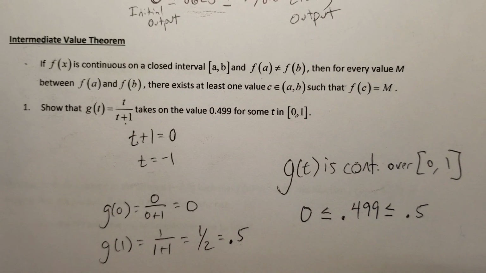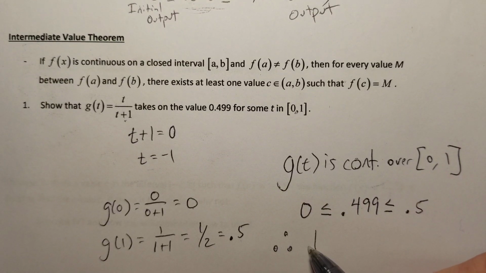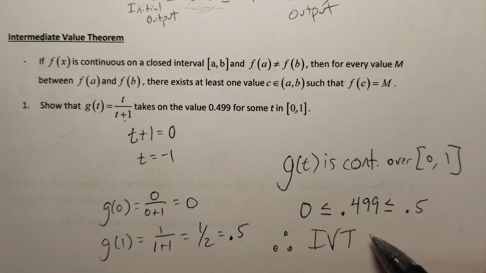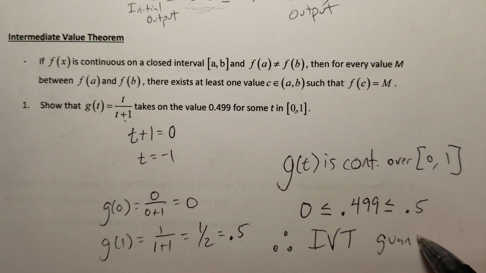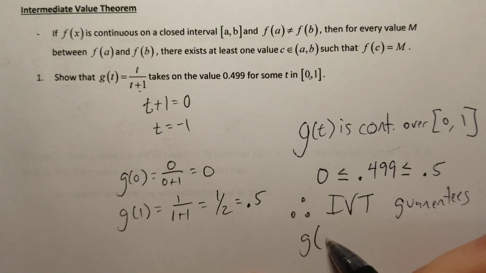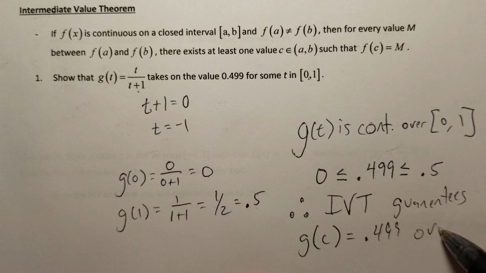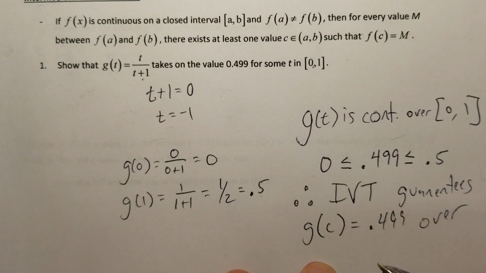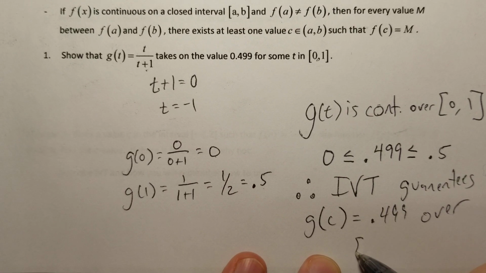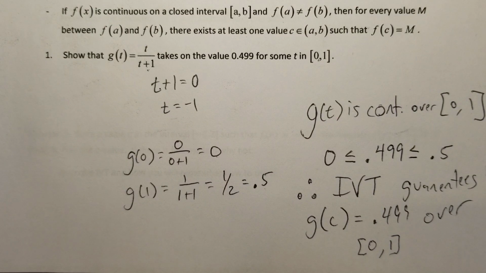And because that's the case, we can say, therefore, IVT guarantees g of c equals 0.499 over 0 to 1.